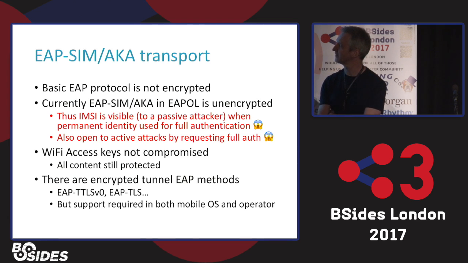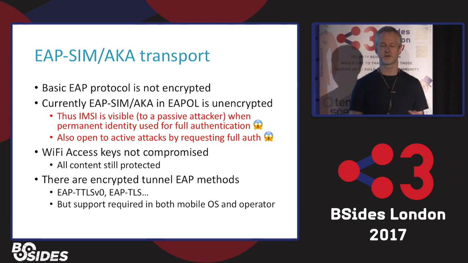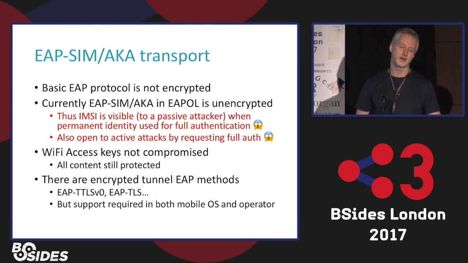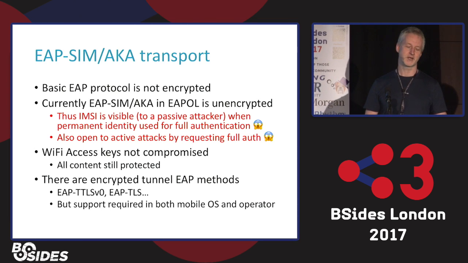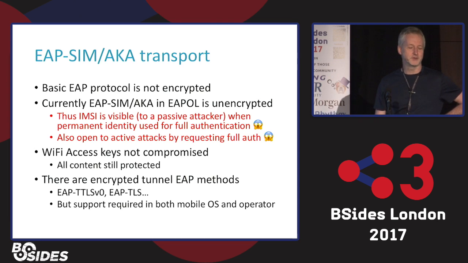So thus, the IMSI is basically visible on initial connect, and it's also visible on a rather simple attack, the full authentication attack. So that's the first couple of gotchas with that protocol.